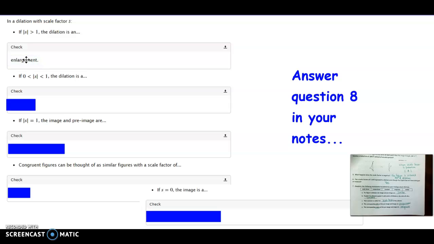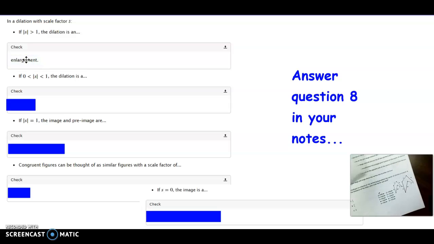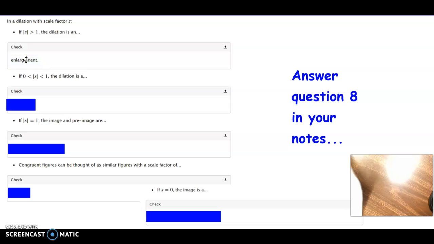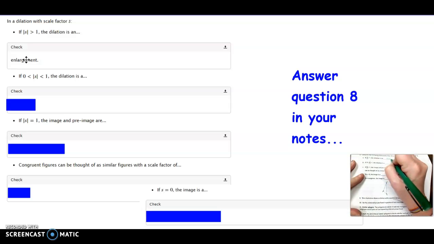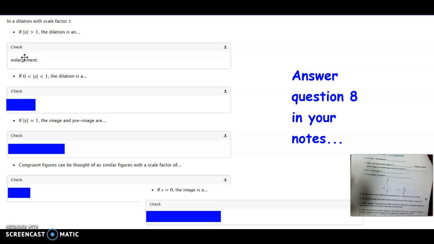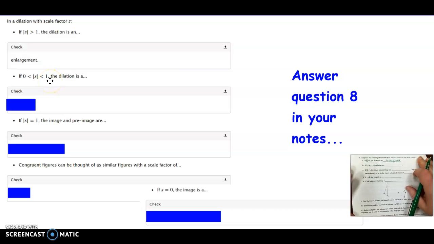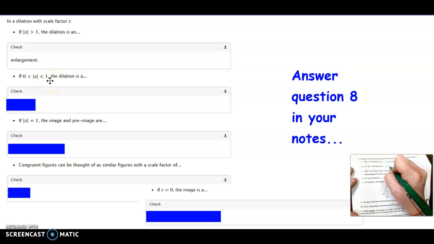So if it's greater than 1 or less than negative 1, then its absolute value is greater than 1, and that creates an enlargement, making the figure bigger. If your scale factor is between 0 and 1, or between 0 and negative 1, so that would make its absolute value between 0 and 1, then the dilation is said to be a reduction. It makes a smaller figure.